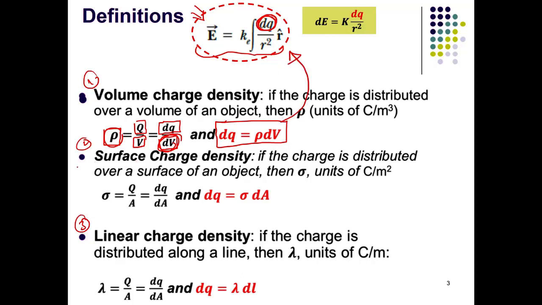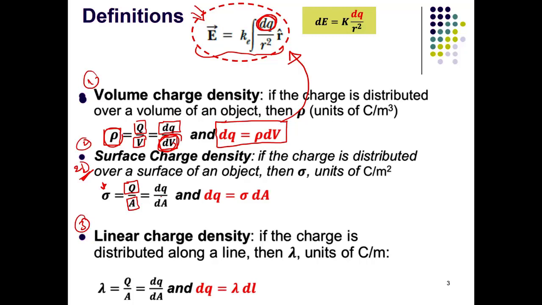Another case: if you have a two-dimensional problem, you will introduce surface charge density. Surface charge density is sigma, equal to Q, the total charge of the object, divided by the total area of the object. Usually, think about a disk. A disk is a two-dimensional case, right? A disk with no thickness.